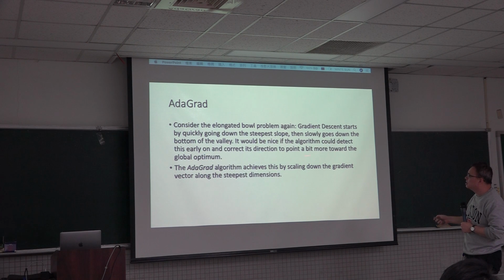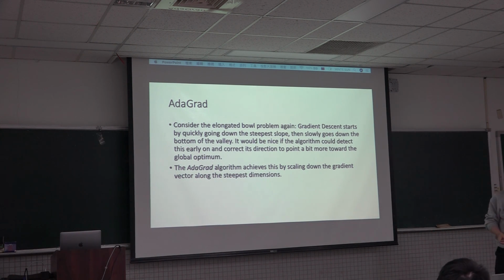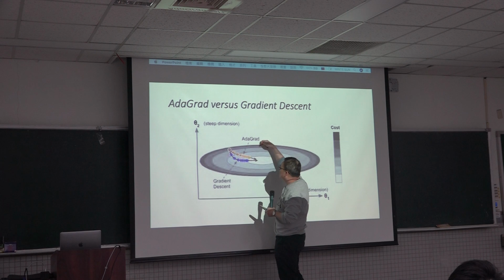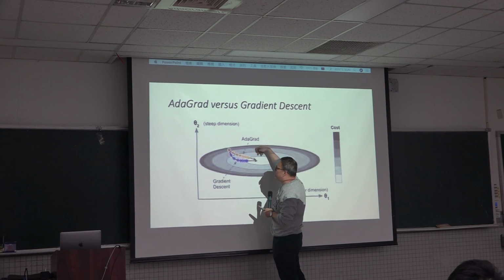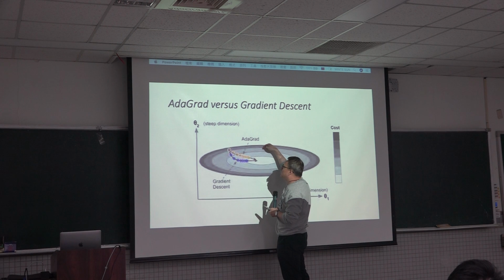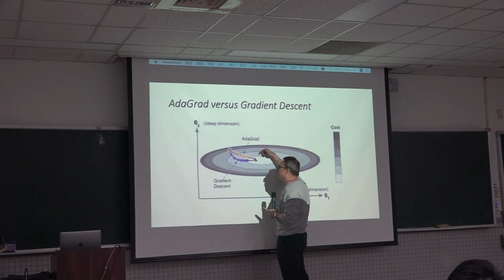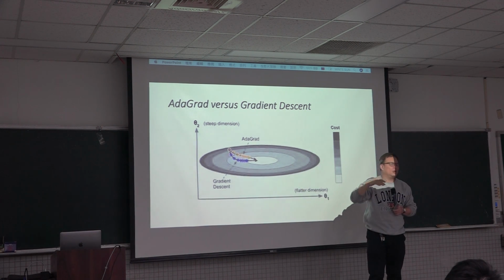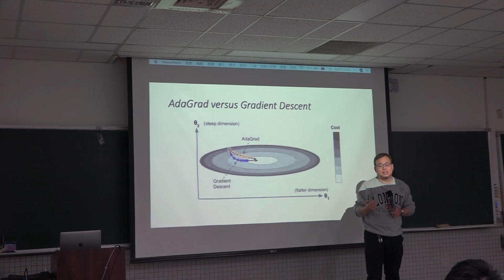So how do we do that? The AdaGrad algorithm achieves this goal by scaling down the gradient vector along the steepest dimension. Put another way, because this dimension moves faster, I try to scale down this dimension. You divide this dimension by a larger value.